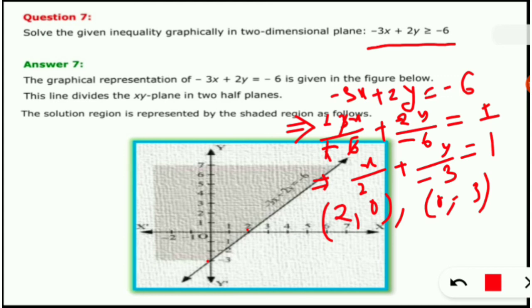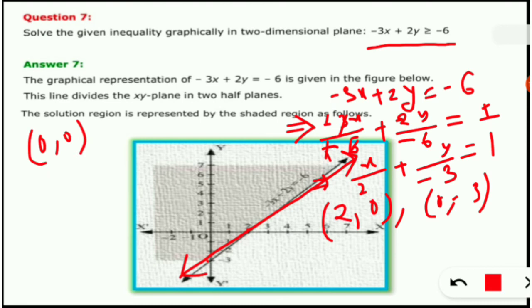And why is the line a continuous line? Because the greater than or equal to sign is present in the given inequality. Now we check whether the required region is the upper half plane or lower half plane. Now take simply the origin 0 comma 0.